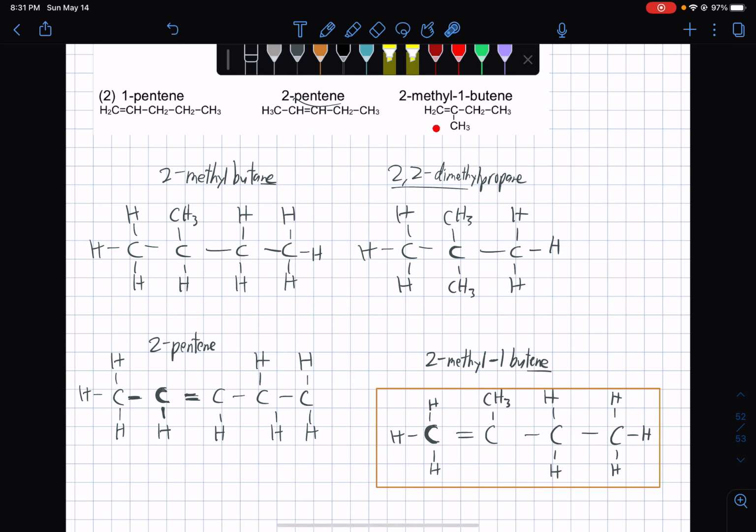So as you can see, hang on, this is supposed to be not there because again carbon can only link to 4. There you go. So this is CH2, the double bond, and with the C, the CH3, the CH2, the CH3.